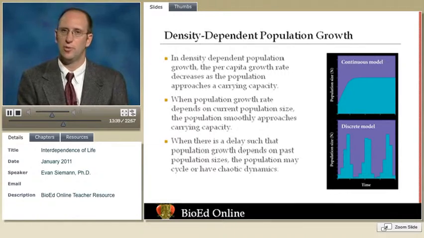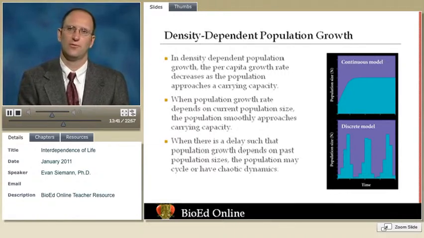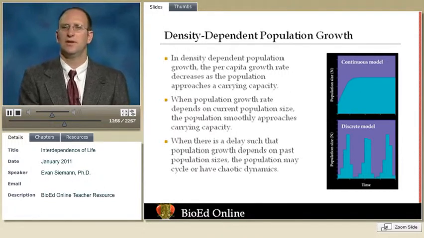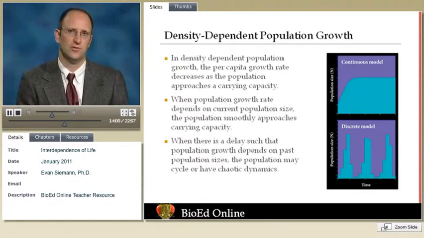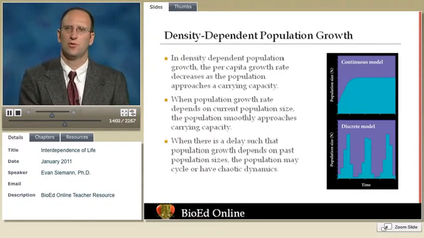So at a very low population size, a very small number of individuals have a very high per capita success. As the point of halfway to carrying capacity is reached, a reasonably high number of individuals have a reasonably high per capita success rate. And then as the population gets very close to carrying capacity, a large number of individuals in the population have a very low per capita success.